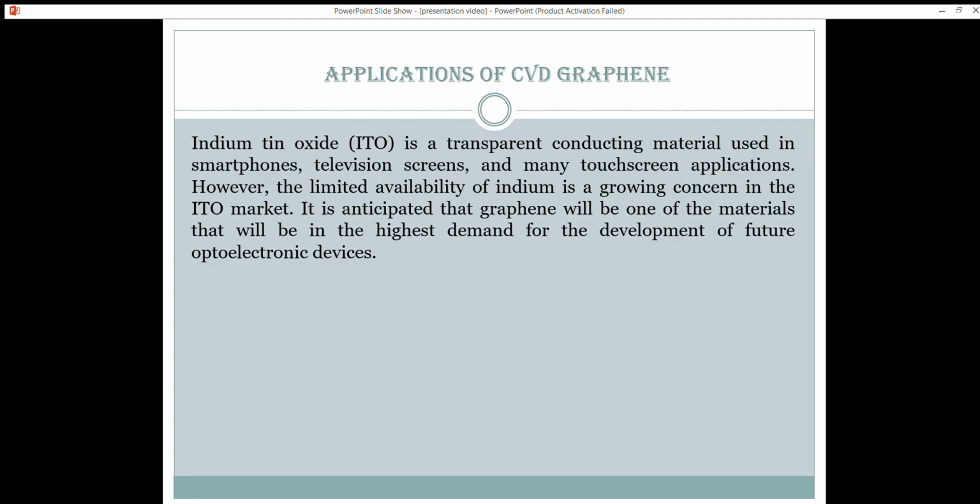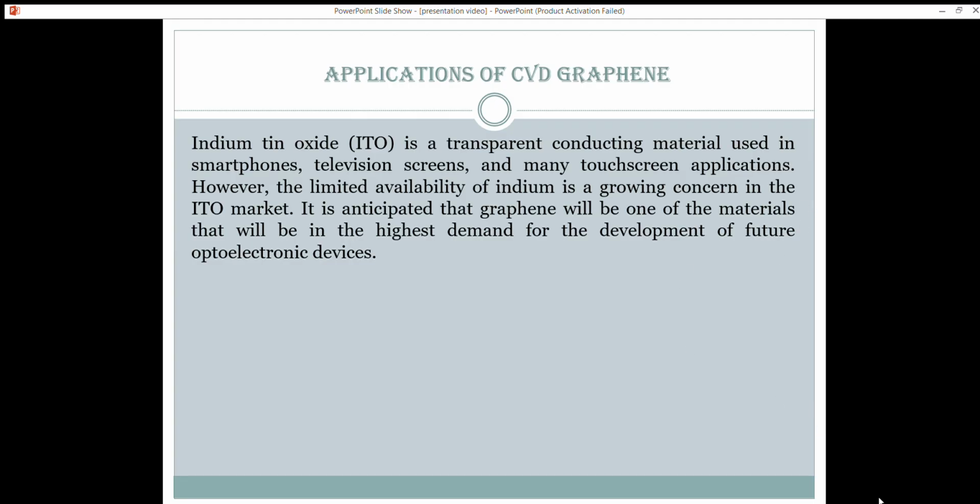So as indium tin oxide has limited availability, this is a concern for the ITO market. So graphene will now replace ITO, and it has the highest demand for the development of future optoelectronic devices.